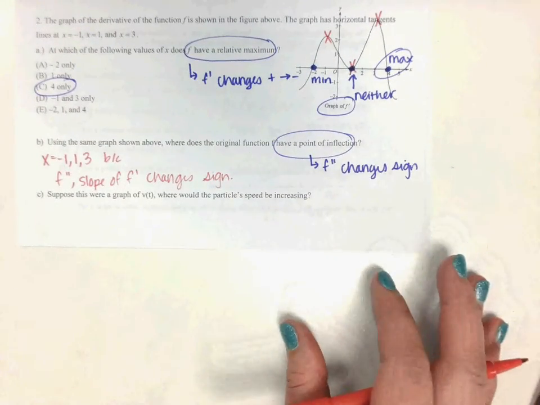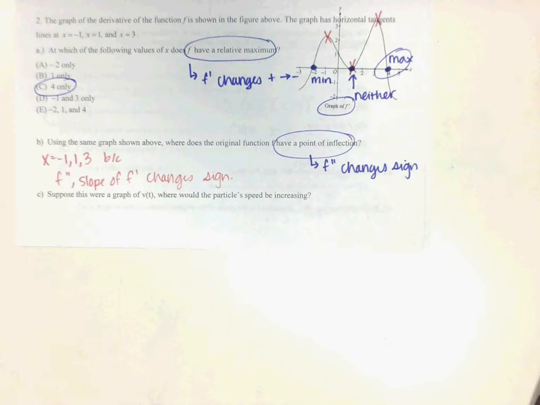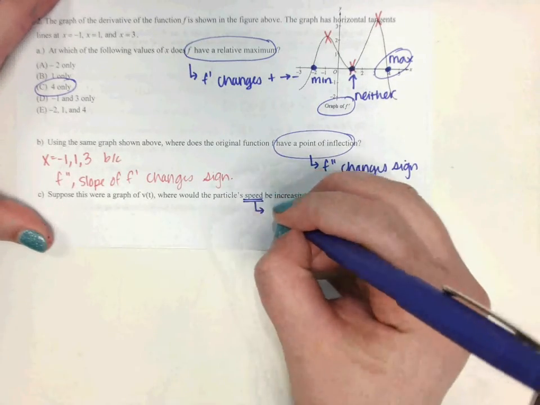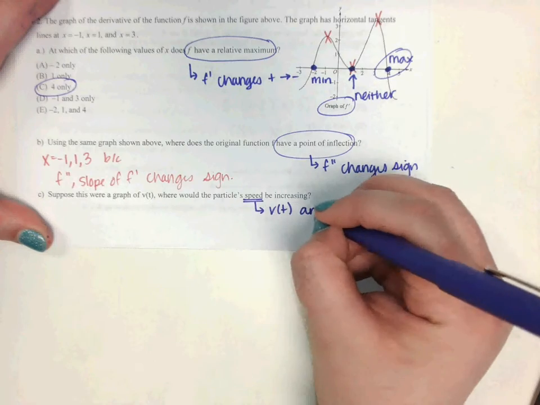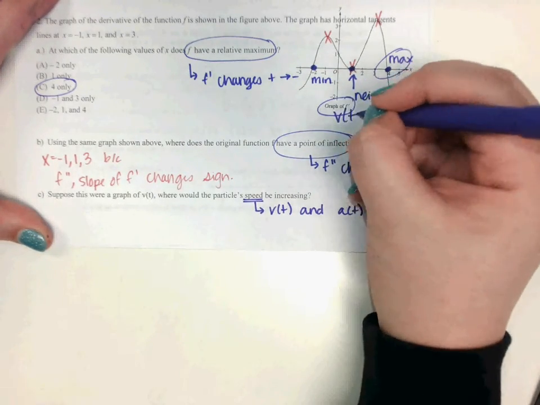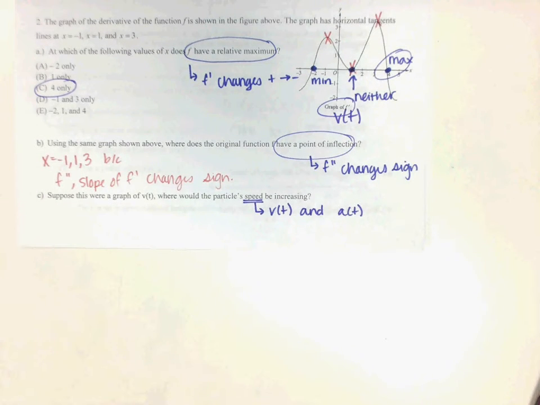Okay, last part says, suppose this is a v of t graph, which is velocity. Where would the speed be increasing? What has to be the same sign for speed? Okay, v of t and a of t. So if this is a v of t graph, what would acceleration be? Slope. Now, some of you that are correcting your test realized you missed this question for a silly reason. Matching signs means both plus or both minus.